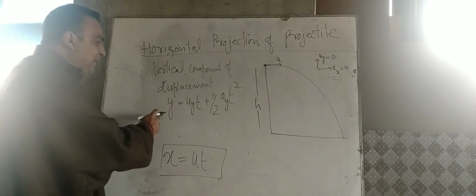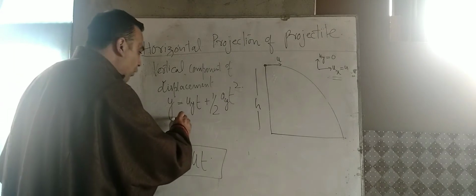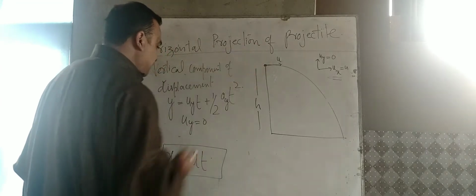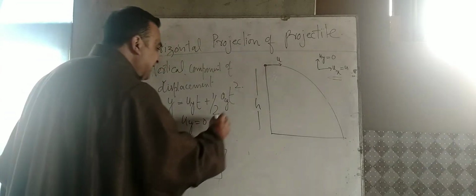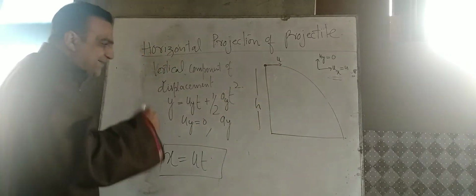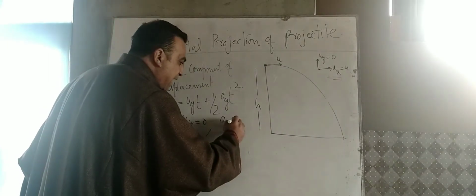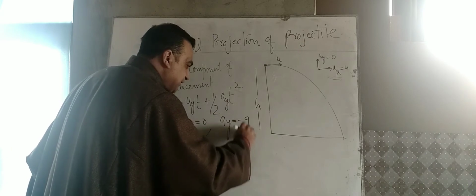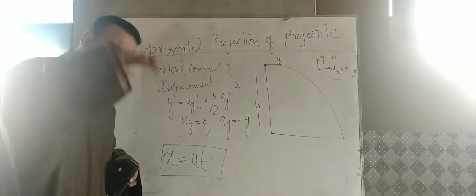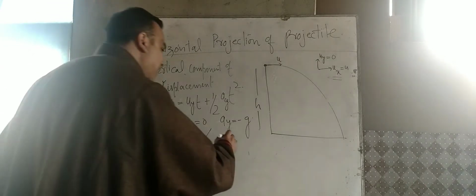We are writing down the displacement along the vertical, along the y-axis. As all of you know, this uy is 0 because there is no initial vertical velocity. And this ay, since the ball is going down, as a convention we take the value of acceleration due to gravity as negative. So ay is minus g. And this y, because the height is decreasing, the displacement is decreasing, we also take the convention for y as minus y.